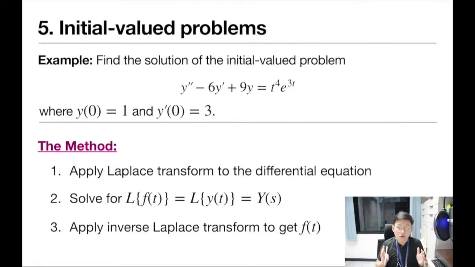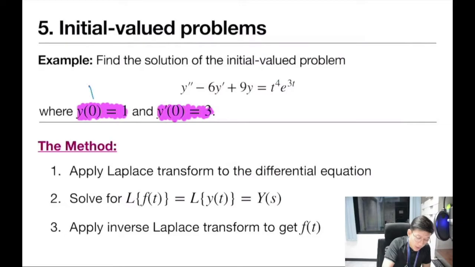Just to remind you, this problem is called an initial valued problem because there are two conditions, which are y(0) is 1 and y'(0) is 3. It gives you the conditions at 0, that is, y(0) is some value, y'(0) is some value.